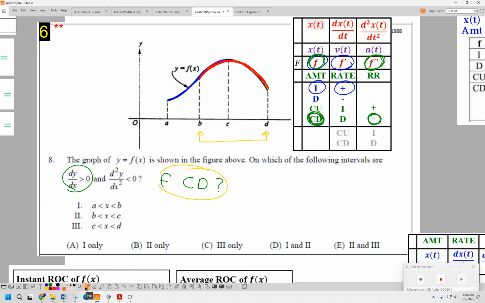A couple of things you can never do. You can't do this. This is not d multiplied by y. This is not d multiplied by dx. Dx means the infinitesimal change in x values.